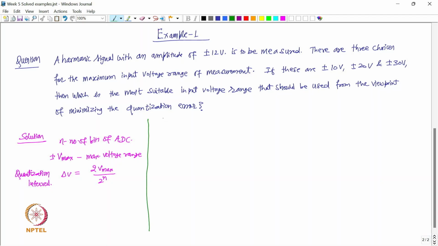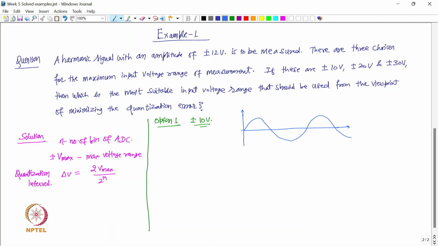So, let us say we take option 1, the range plus minus 10 volts. If we choose that, let us try to show through figures what is going to happen if we choose this particular range. So let us say that we have this signal here like this, correct.